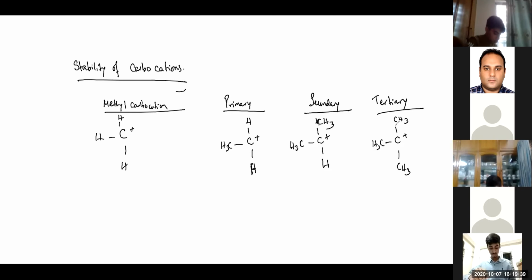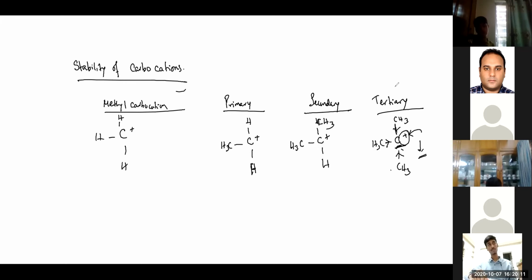So in tertiary, they have the most number of methyl groups, and we know that methyl groups are electron donating groups. So electron donating groups cause its hunger for electrons to decrease, because they are already donating electrons towards the central carbon.